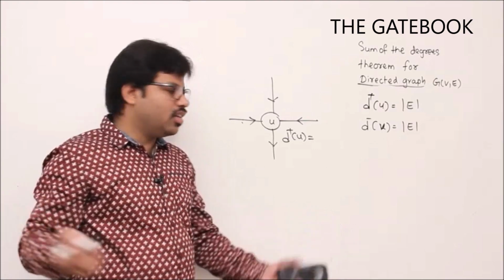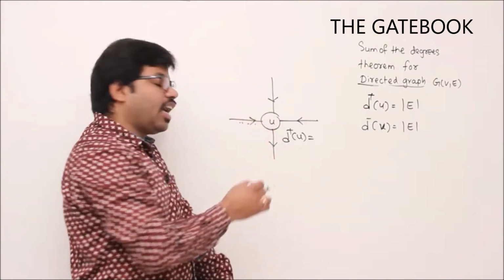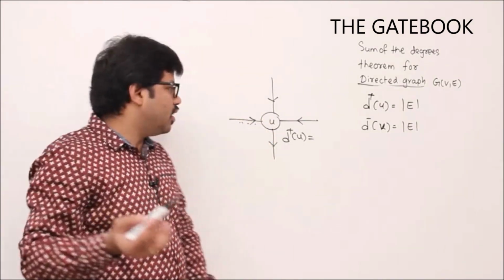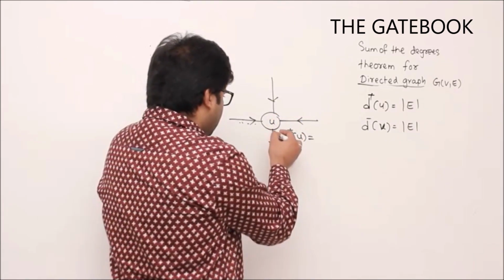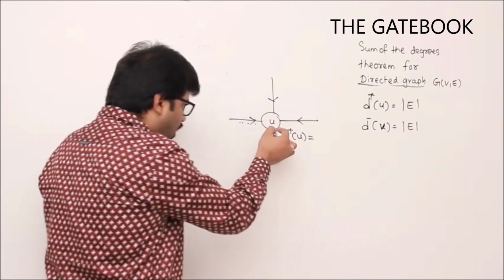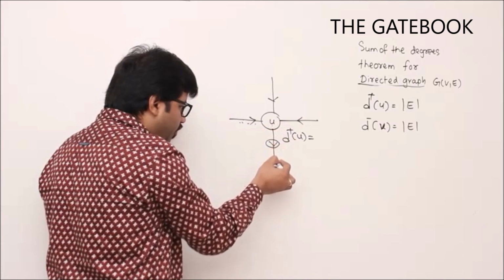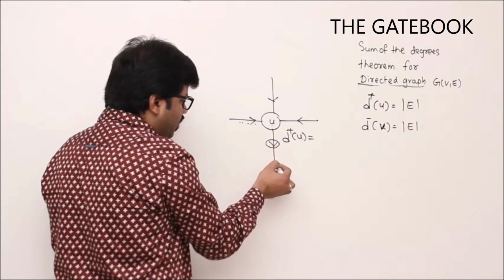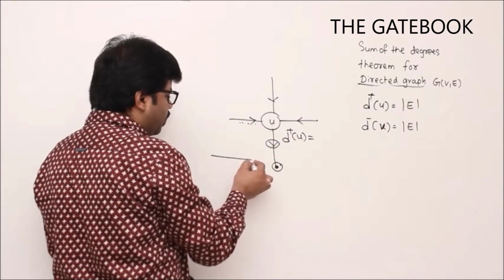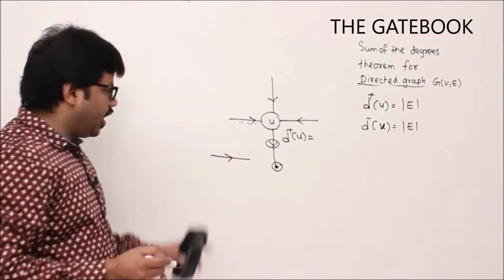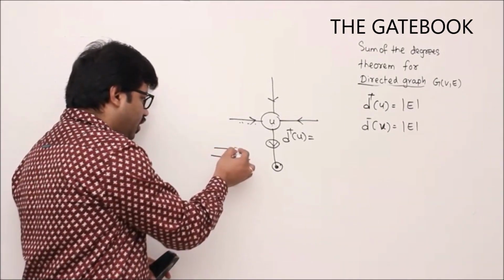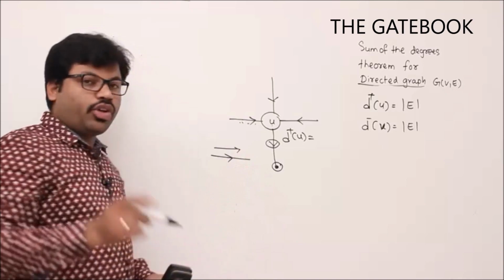Definitely no, right? It can be incoming for only one vertex. This one is definitely not incoming for you, then it will be incoming for some other vertex, isn't it? So what I realized is that every edge is going to be incoming for some vertex and outgoing for some vertex.